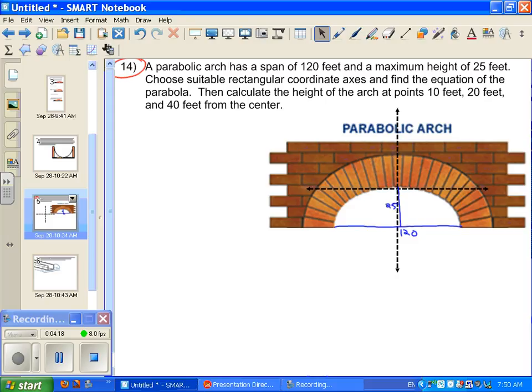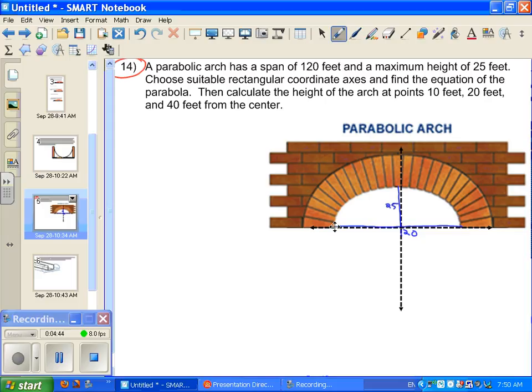This might be a good one. Any of those. Which one did you guys pick? So where the blue lines meet? Okay. And actually, pretty much all of those places are okay. It's just going to change how we come up with the formula, so it doesn't really matter. But this one's as good as any.